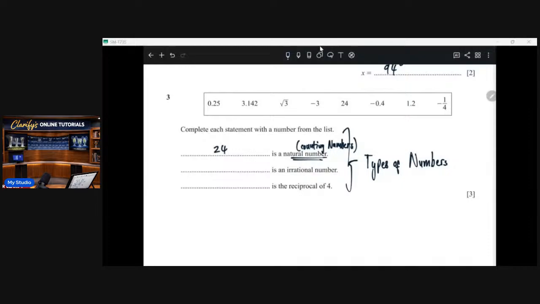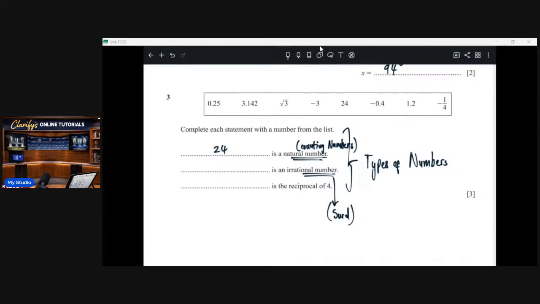This is the one. An irrational number. Irrational number, the easiest ones, we always do them, are surds. Surds are irrational. Surd means a square root. Let me tell you what a surd is. A surd is a square root that is bad.